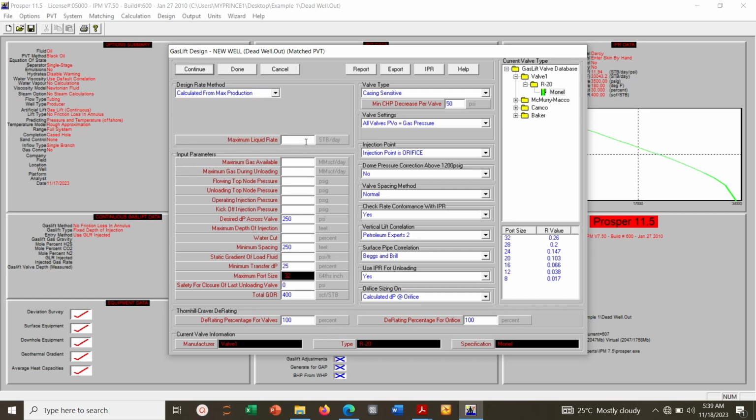For flow rate, enter 5,000 stock tank barrel, and then maximum gas injectant 10 billion standard cubic feet per day. Just enter the following values or data.